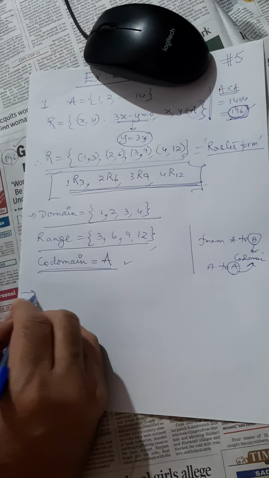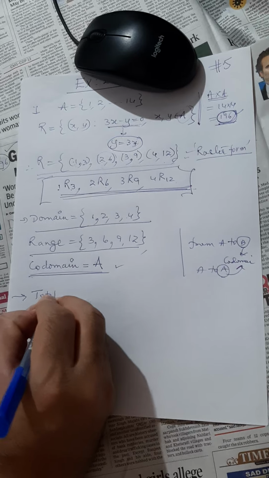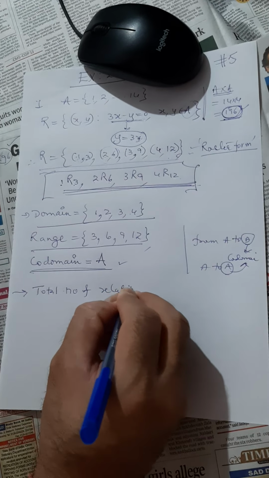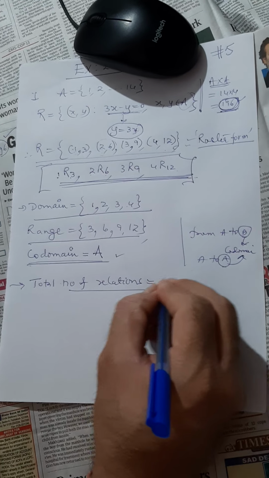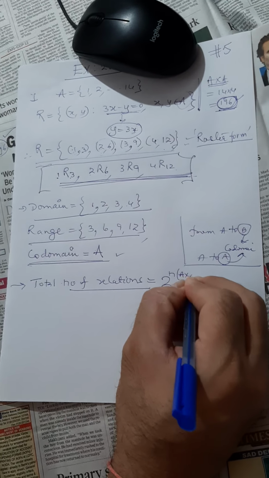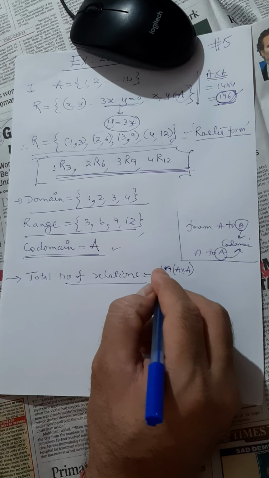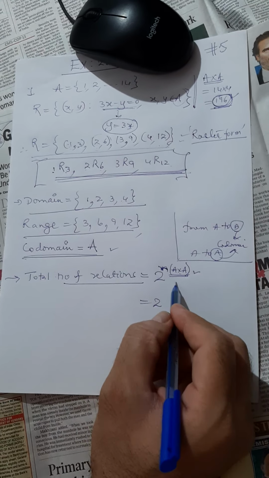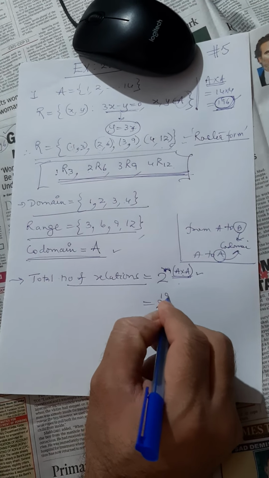Now this is not asked, but let me show this. Total number of relations. You recall the formula. What is the total number of relations? That is equal to 2 raised to the number of elements in A cross A, the total number of subsets of A cross A. A cross A has 196 members.